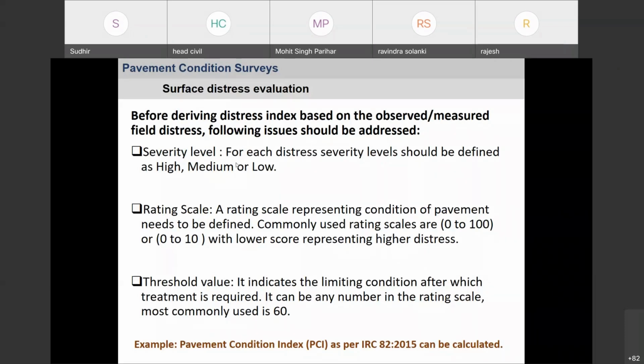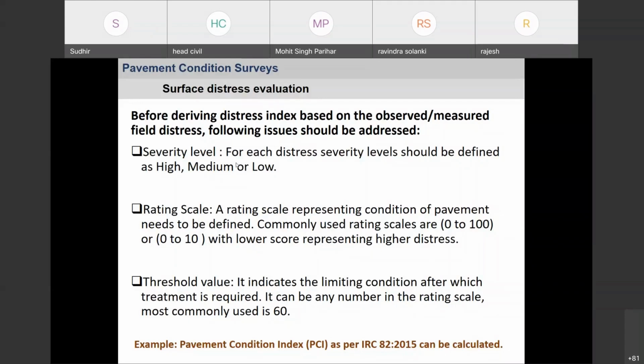So what is this rating scale? It is the scale over which you would like to represent the condition of the pavement. Usually, with a 0 to 10 or 0 to 100 rating scale, the lower score represents higher distress, and as the score increases, the distress level is considered lower.